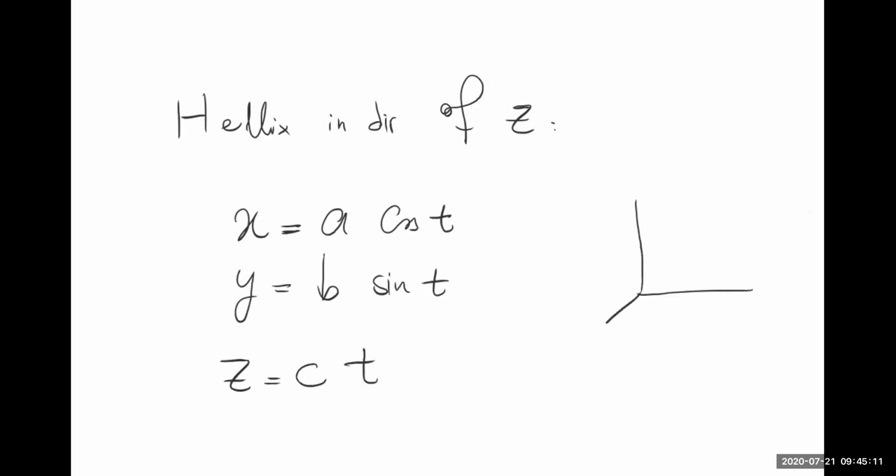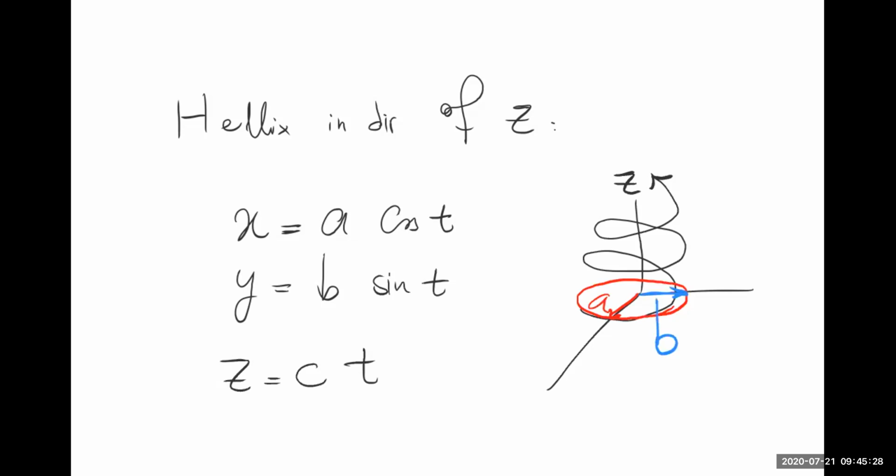It means we have a helix in the direction of z. If we look at the shadow, it would be an ellipse here. The radius in the direction of x would be a, the radius in the direction of y would be b, and the speed in the direction of z would be c.